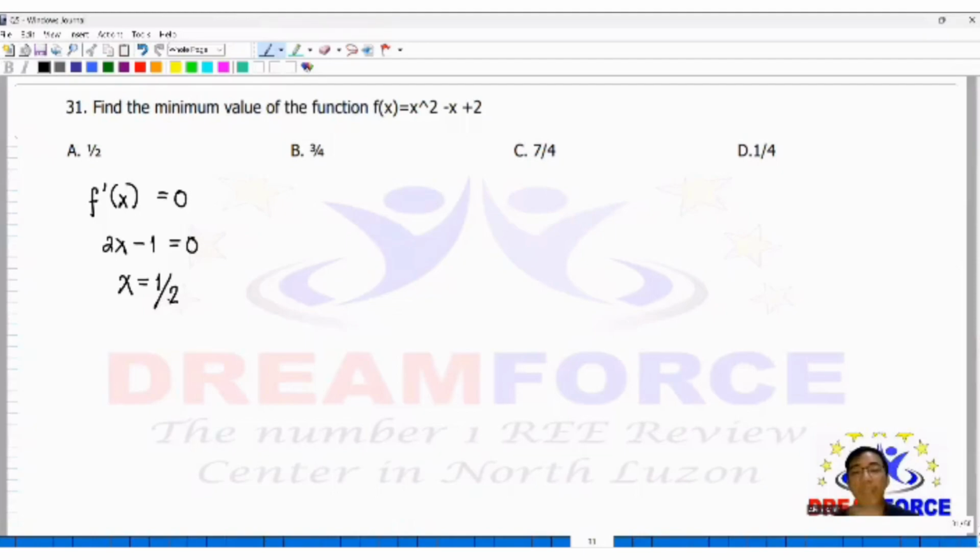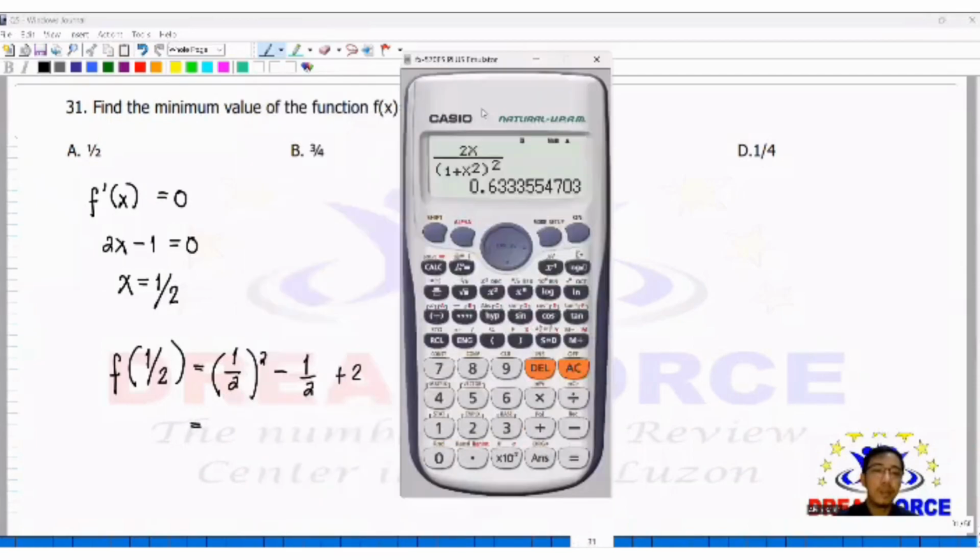Okay, ang tanong, what is the minimum value of the function? Hindi niya tinatanong kung saan nangyari yung minimum value. Ang tanong is the minimum value. So ang hanapin natin dito is the function x, yung value ng y po natin. So f of 1/2, plug in mo lang dito, that is 1/2 squared minus 1/2 plus 2. So 1/4 minus 1/2 plus 2.